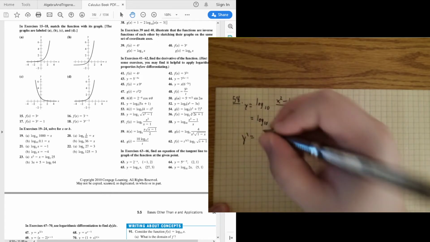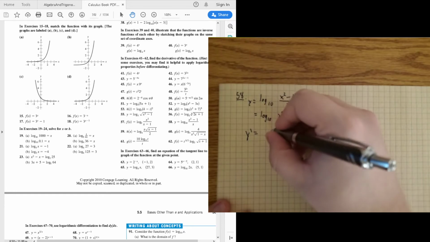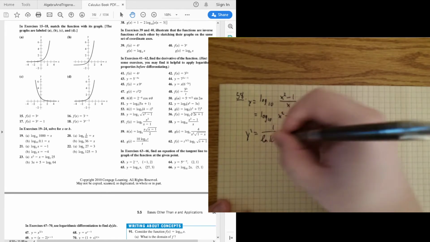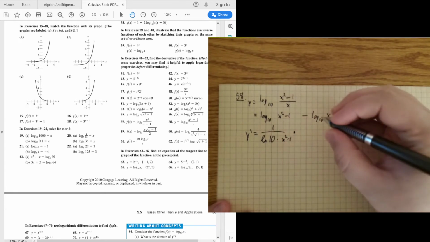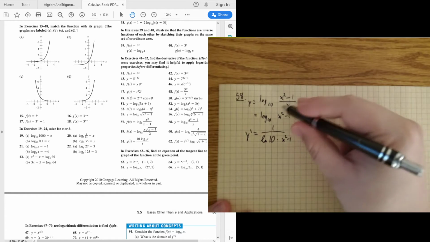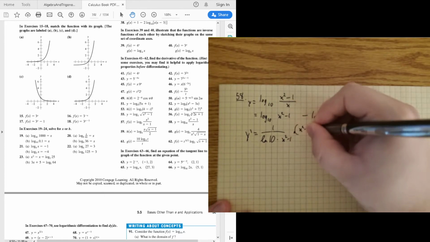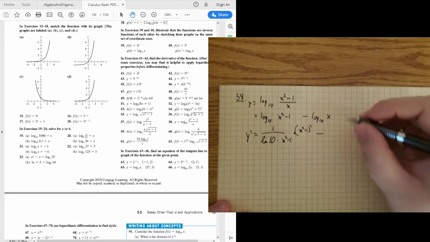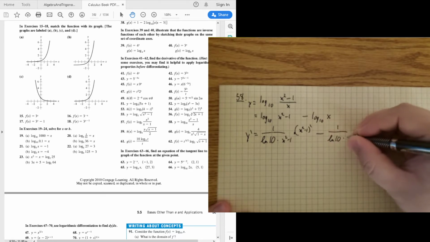So y prime will be equal to, now I use my theorem. My theorem 513 states that I would have 1 over ln of 10 times x squared minus 1, multiplied to that, I want to do our u prime, so that would be x squared minus 1 prime, minus log base 10 of x would be 1 over natural log of 10 times x.